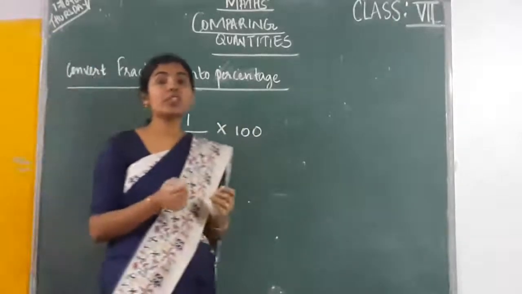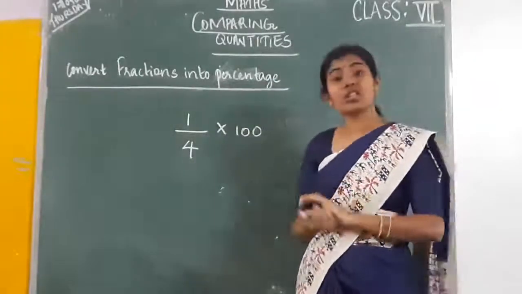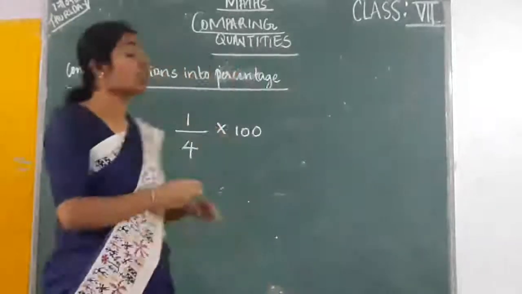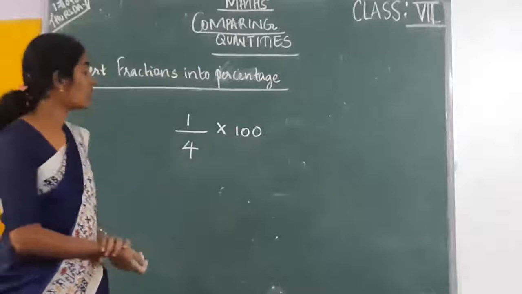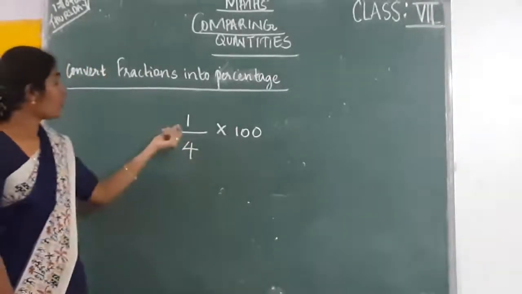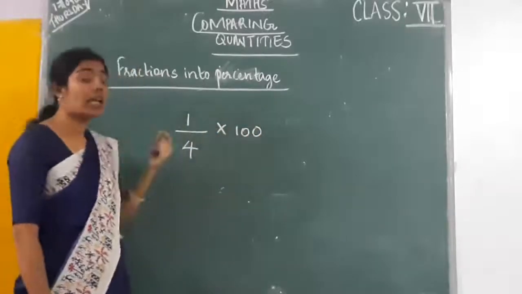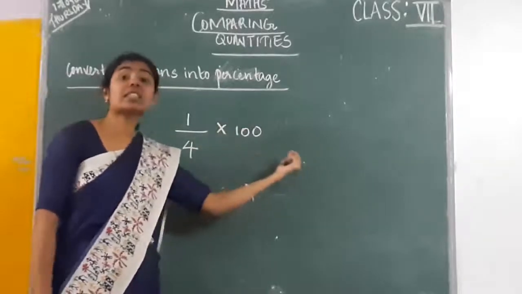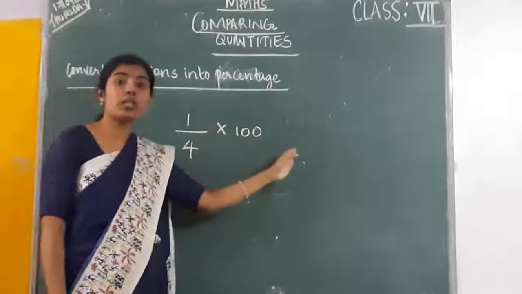In the rational numbers chapter you have studied how to multiply fractions, isn't it? When you are given one rational number and one whole number, how do you multiply?